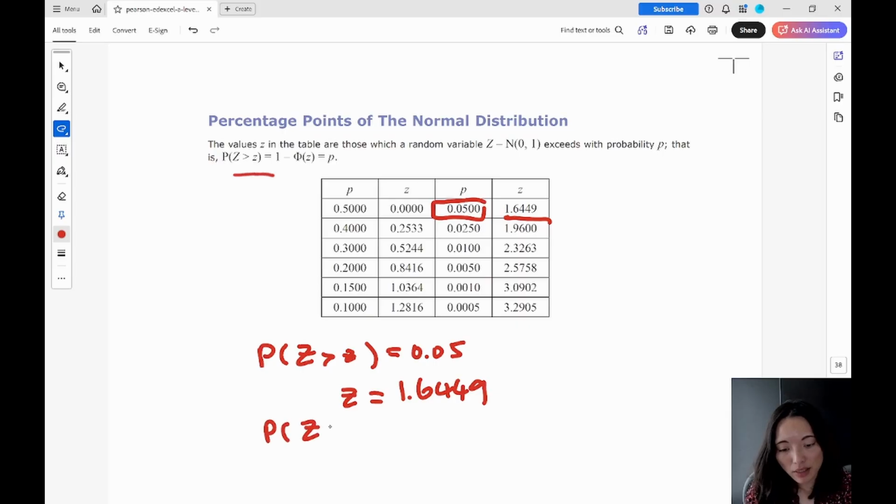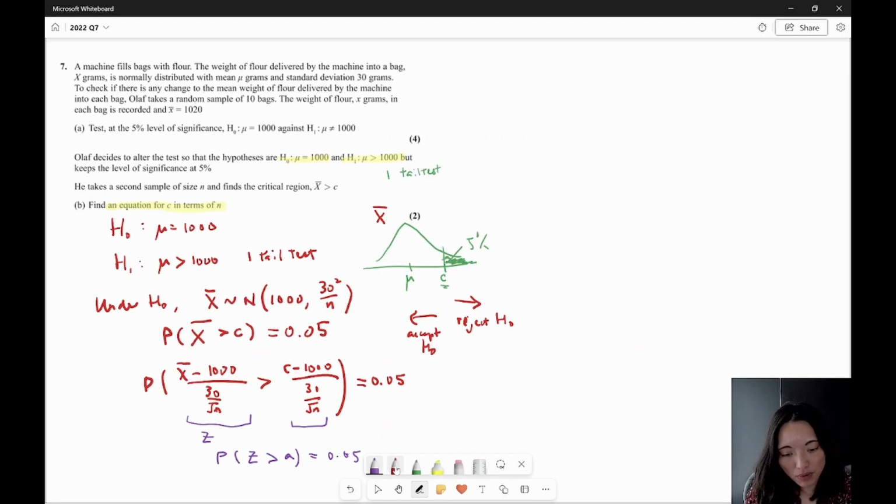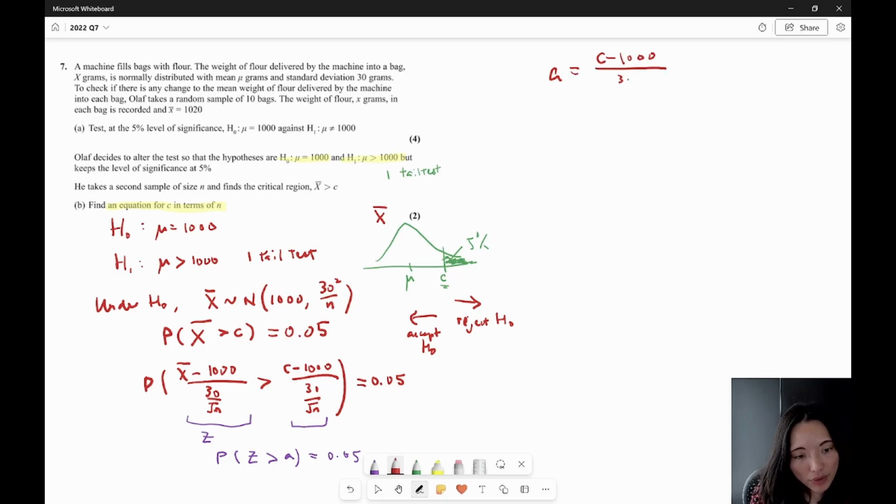Basically, we're saying if Z follows a standard normal distribution, then the probability of Z greater than 1.6449 is 0.05. And we can bring that back to our question. Therefore, A equals C minus 1000 over 30 over root n equals 1.6449, which is the statistic we get from the tables.